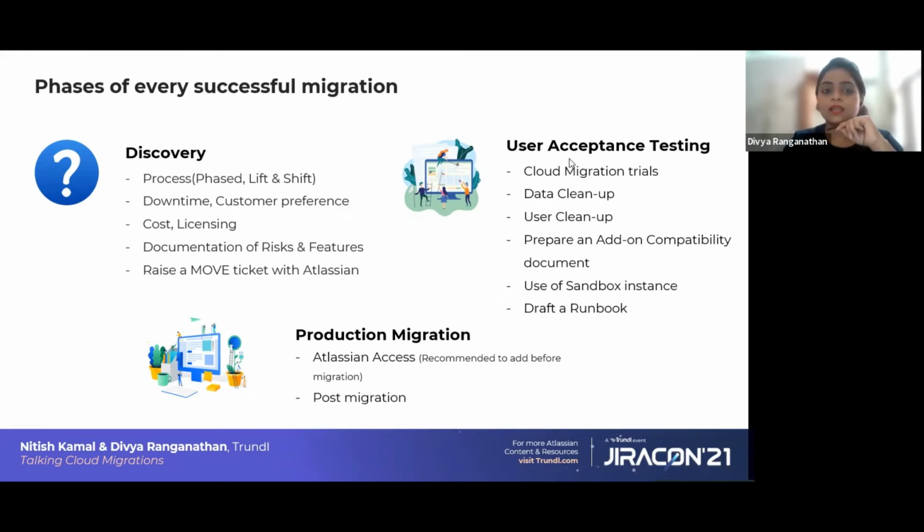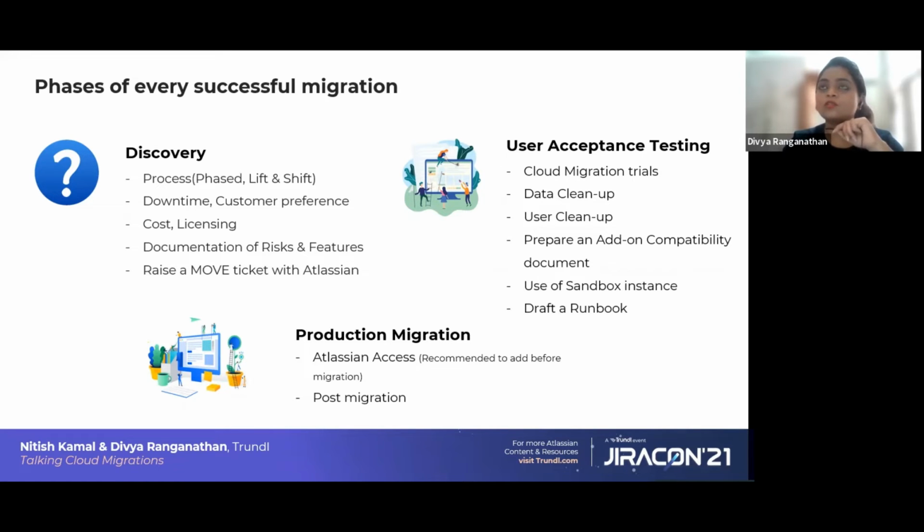The next process of a successful migration is the user acceptance testing. We recommend the user acceptance testing to go on for 2 to 3 weeks, because once we do user acceptance testing, we come to know what are the errors present there and what are the features that were missed during a user acceptance testing migration.